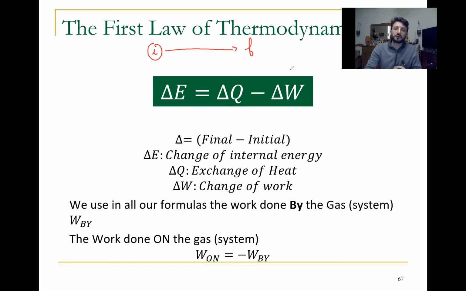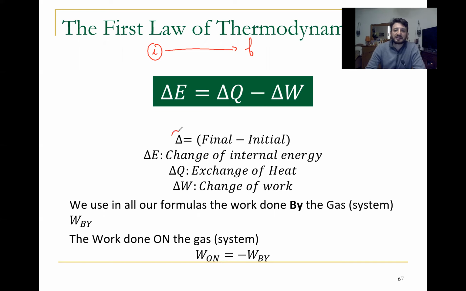Delta omega, you know, omega equals the integral of P dV. So it can be positive or negative if we increase the volume or we decrease the volume. So the relation will be delta E equals delta Q minus delta omega. Okay? So you know delta omega alone.